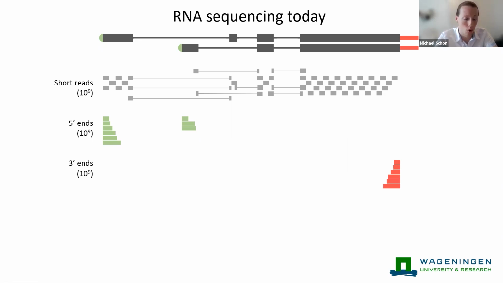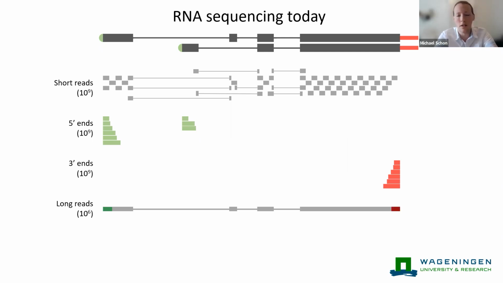And moreover, in the last 6 to 8 years, these third-generation sequencing technologies have come along, including PacBio and their Iso-Seq platform, or Oxford Nanopore Technologies. And these two methods can actually sequence long reads from one end of the molecule to the other.